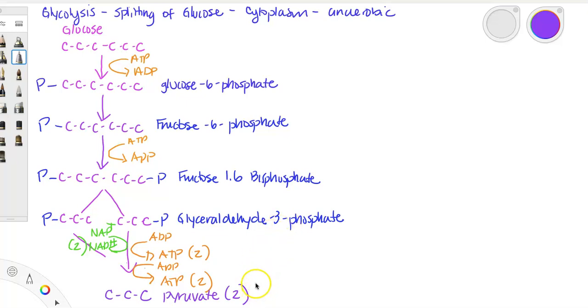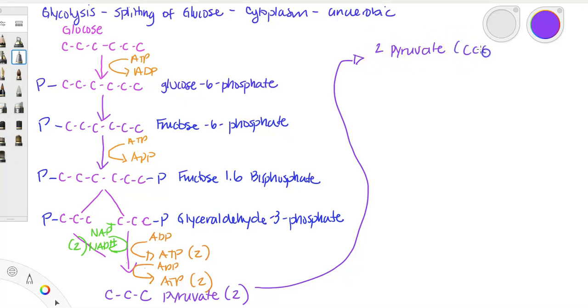So pyruvate, what happens to pyruvate? Couple things can happen to pyruvate. Let's bring this up here. So we get 2 pyruvate, which is 2 3-carbon molecules.